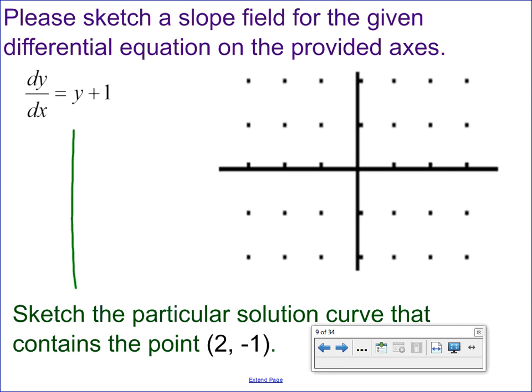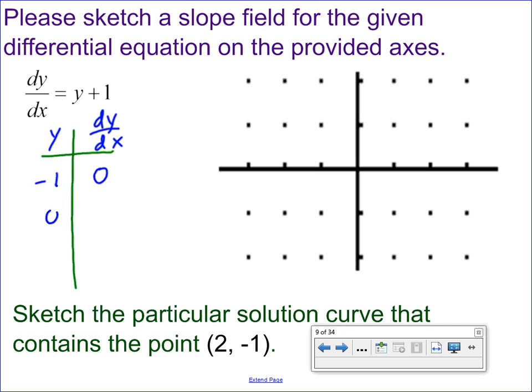This time, am I going to make an x dy dx chart? No, I'm going to make a y dy dx chart. How come? Well, because my slope field depends on the y coordinate. So let's go ahead and get some values here. When my y coordinate is -1, the slope value returned for solution curves is 0.